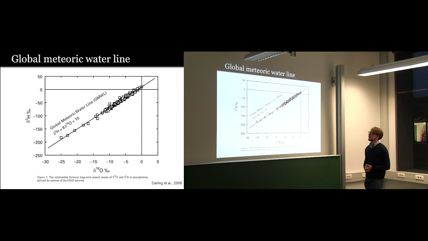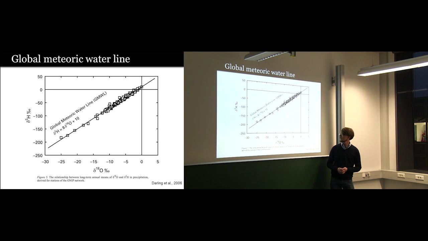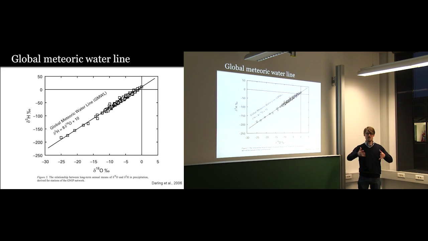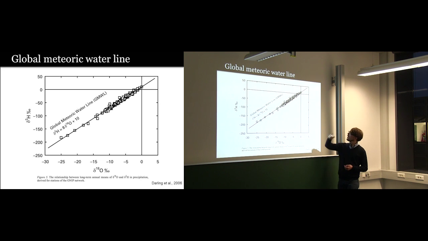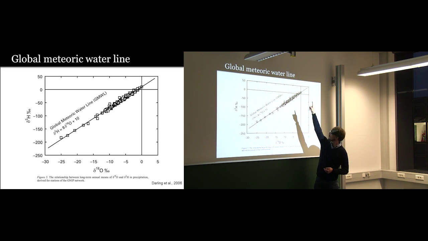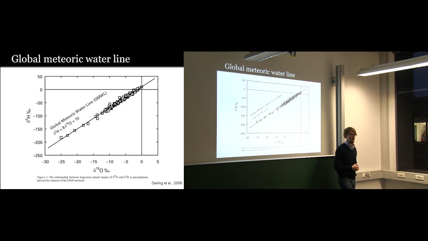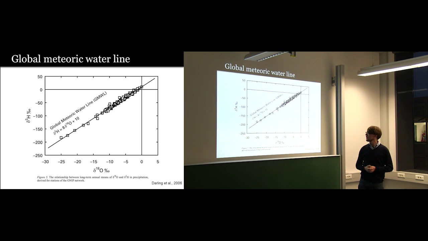On this slide, you see a plot of delta 18O versus delta D, or hydrogen. Usually, if you have an air mass that travels along a trajectory and rains out, all this depletion follows a 1-to-1 line when you plot it in deuterium and oxygen space.